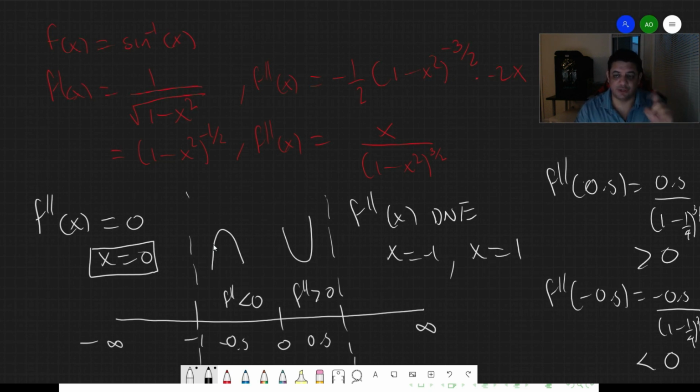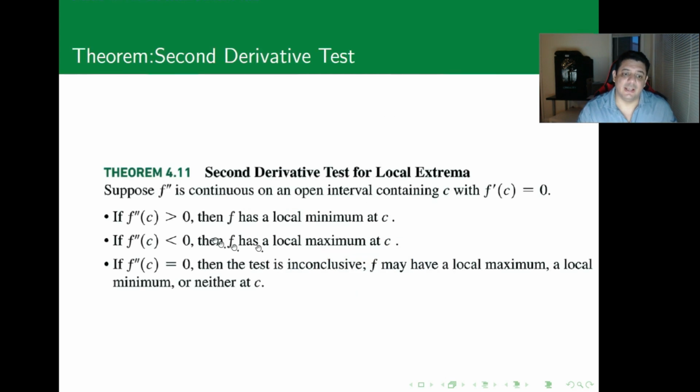Careful, not the inflection point, the critical point. And so if it is concave down at a critical point, then we know that that is a maximum. If we have concave up at a critical point, then we know that that's a minimum. So that's the situation that we have here, and that's exactly what we're going to conclude.